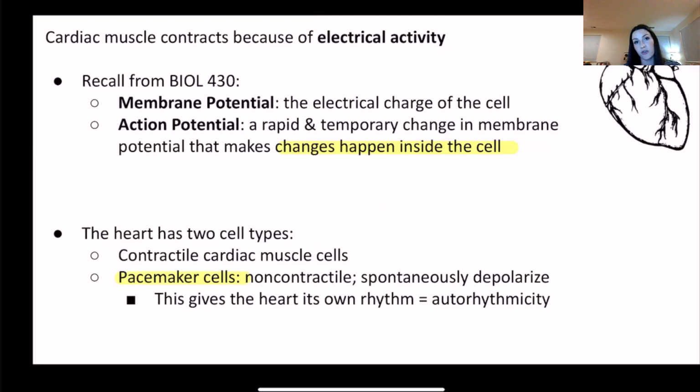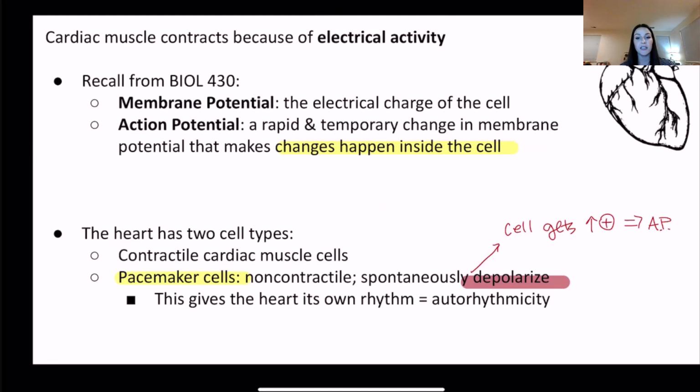Pacemaker cells don't contract, but they're special because they spontaneously depolarize. Depolarize is a word we haven't heard in a hot minute, so I'm going to highlight that one and define it for you here. So depolarize is when the cell gets more positive. And that's the first step of action potential, is depolarization. So that leads to action potential, AP.